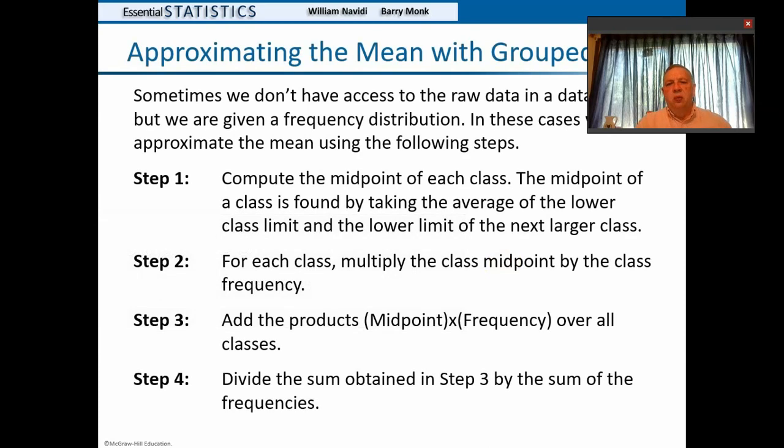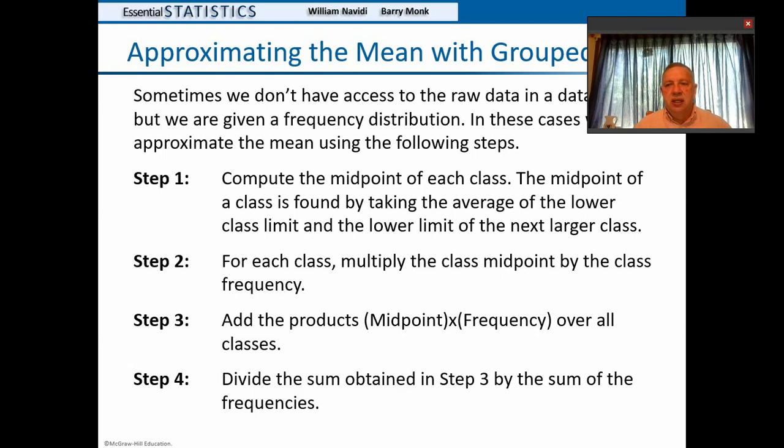Remember, the group data was if I built classes like values from 0 to 5, 5 to 10, 10 to 15. If I built those classes, then I just counted the frequency in those classes and put them in those bins. That's group data. We can also refer to those as grouped data.